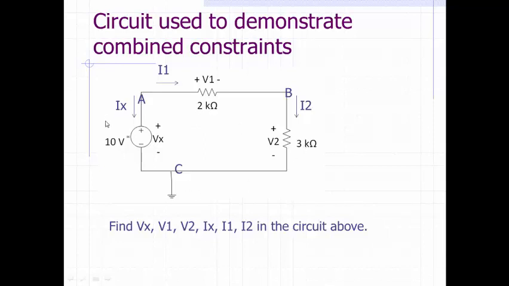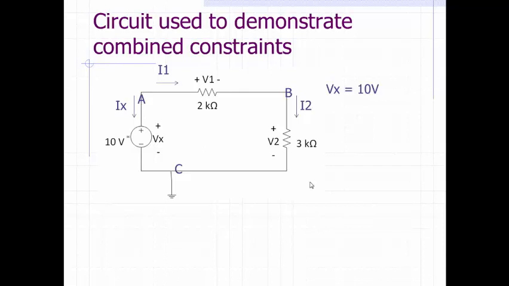And the question is to figure out all the unknown variables in the circuit. Okay, so Vx is 10 volts.